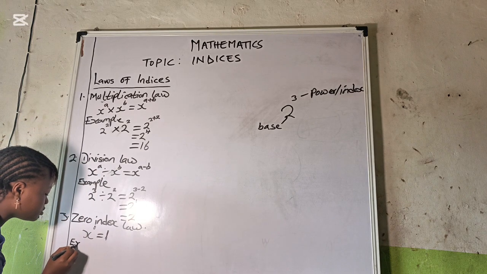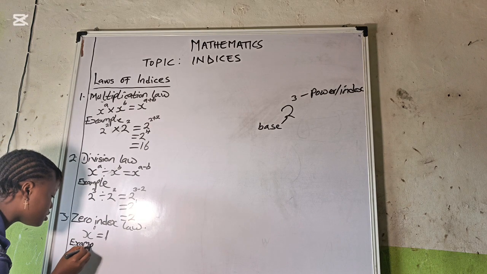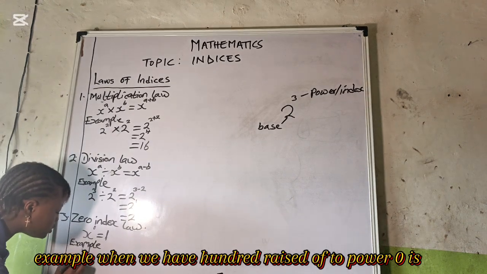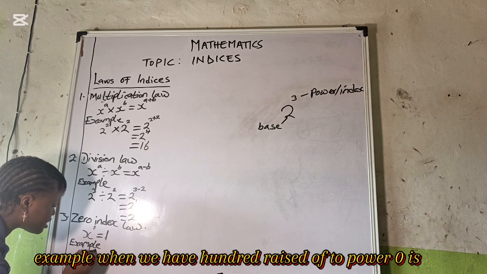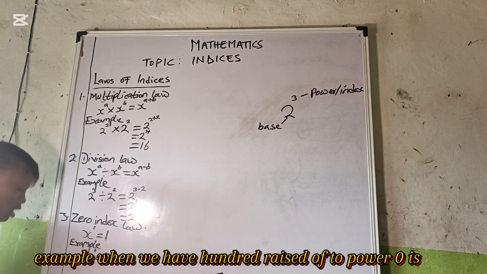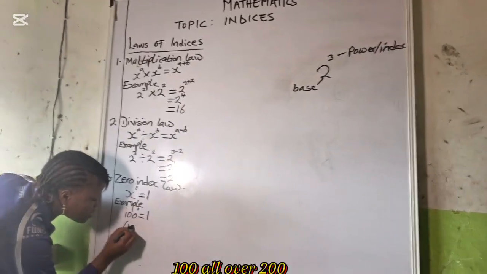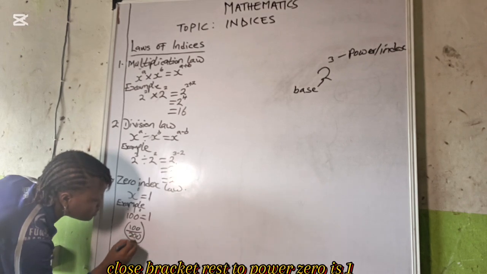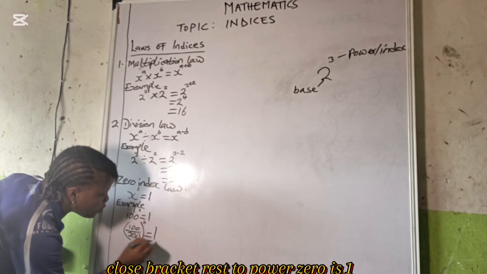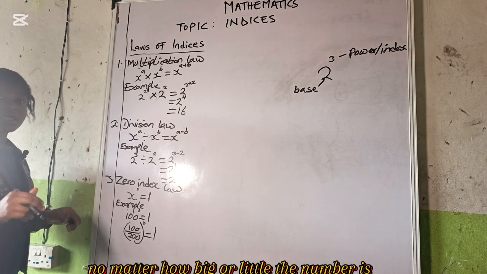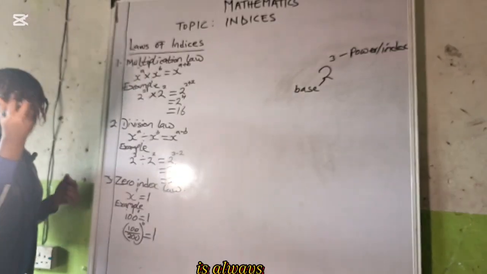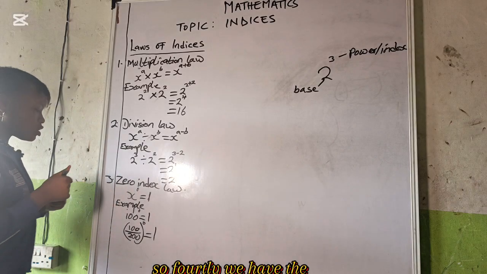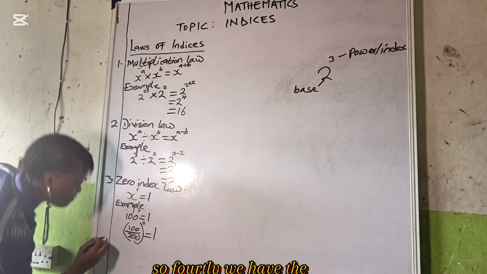Example: when we have 100 raised to power 0, it is 1, or (100 times 200) raised to power 0 is 1. No matter how big or little the number is, as long as it's raised to power 0, it's always 1.